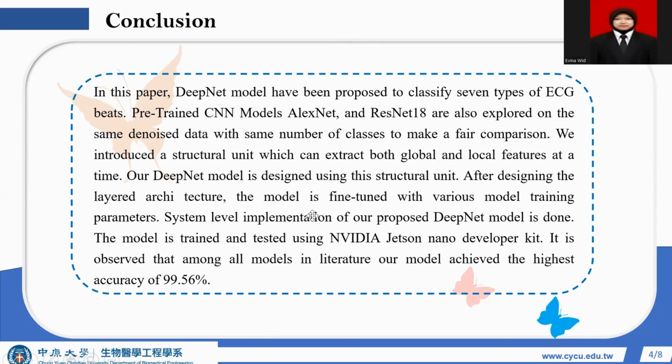After designing the layer architecture, the model is fine-tuned with various model training parameters. System-level implementation of our proposed DeepNet model is done. The model is trained and tested using NVIDIA Jetson Nano. It is observed that among all models in the literature, our model achieves the highest accuracy of 99.56%.